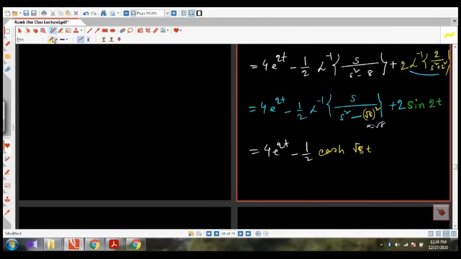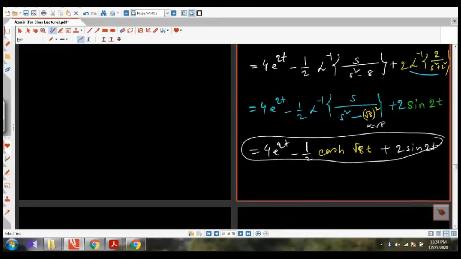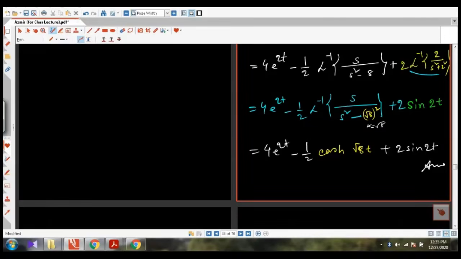Clear? Yes, sir. Plus 2 sine 2t. So finally we are able to solve. This is our final result, which is the main function f of t.